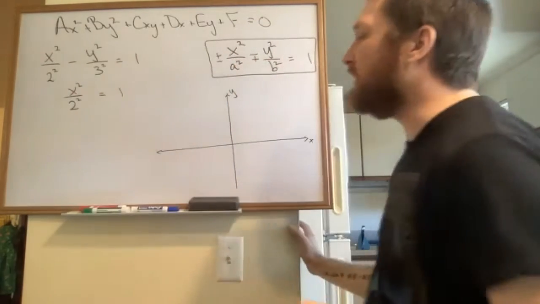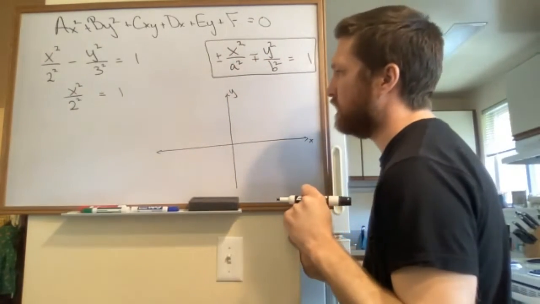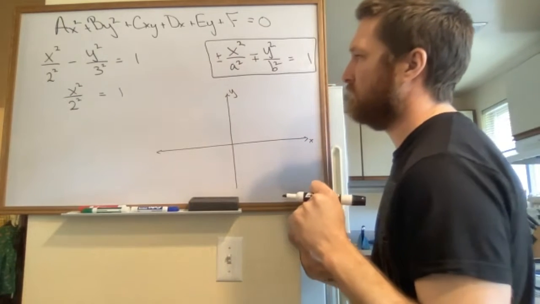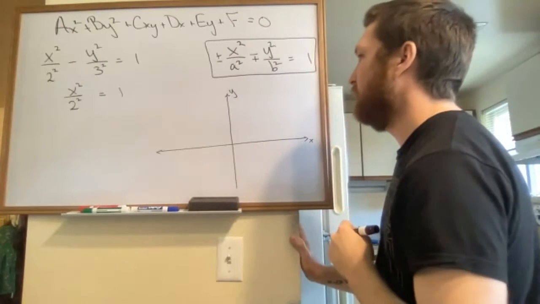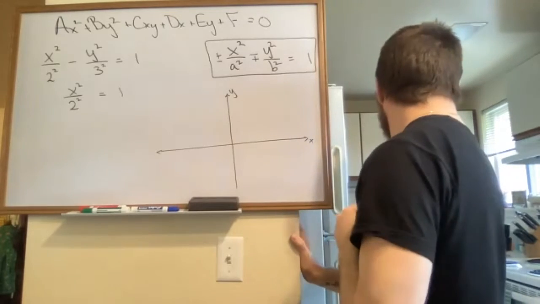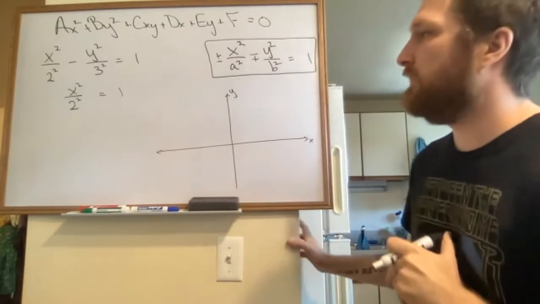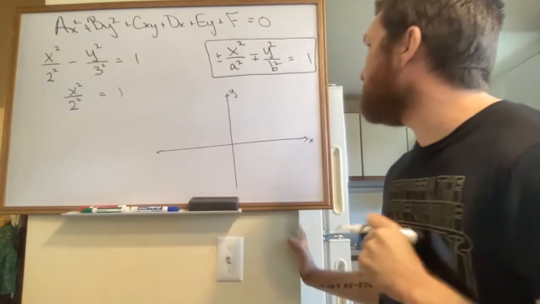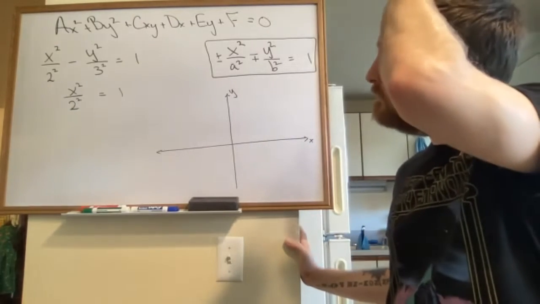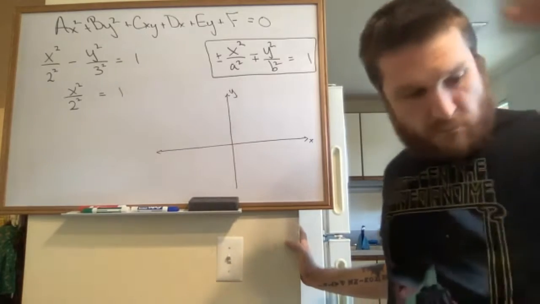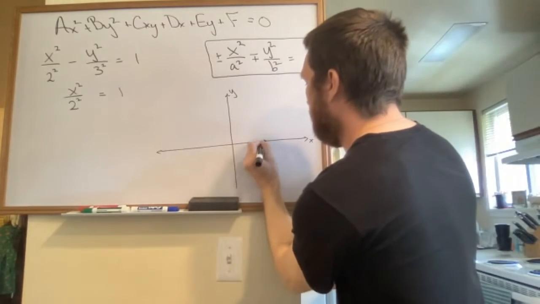And so it goes through the x-axis where? At 2 and -2.